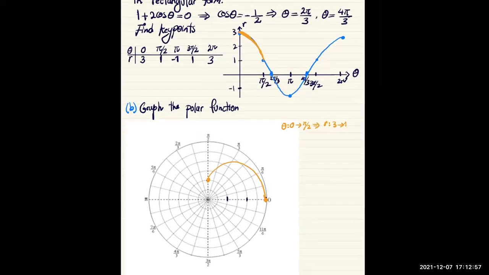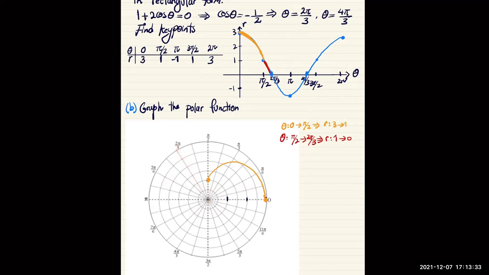Next, let's focus on this part of the graph. As theta goes from pi over 2 to 2 pi over 3, r goes from 1 to 0. Let me write it down. So here is 2 pi over 3.